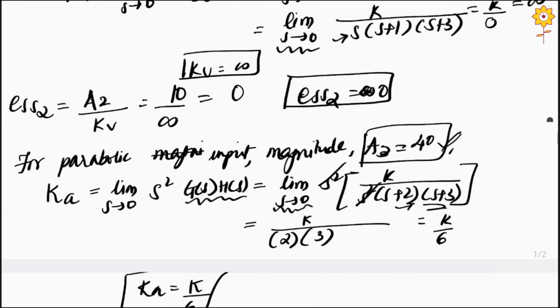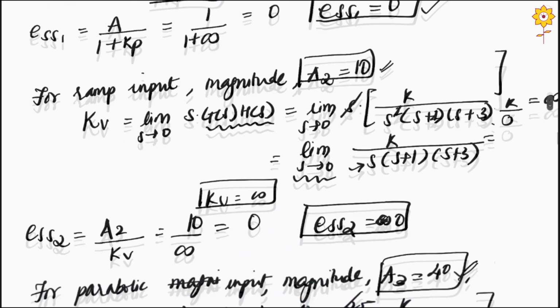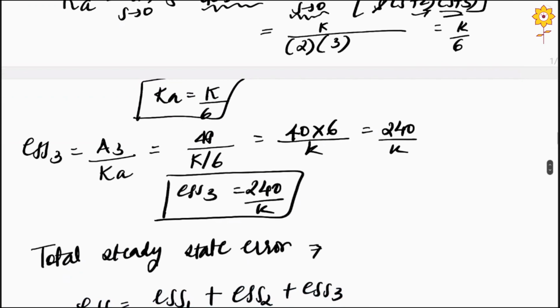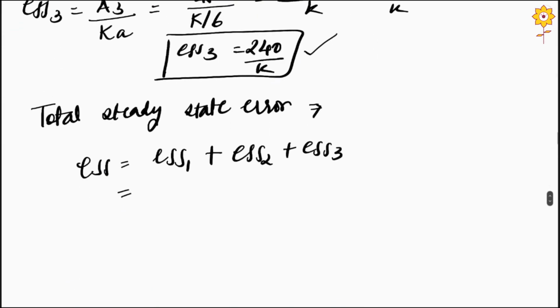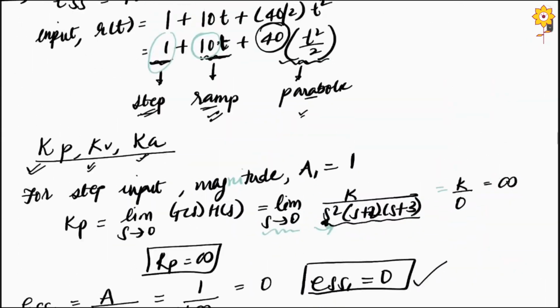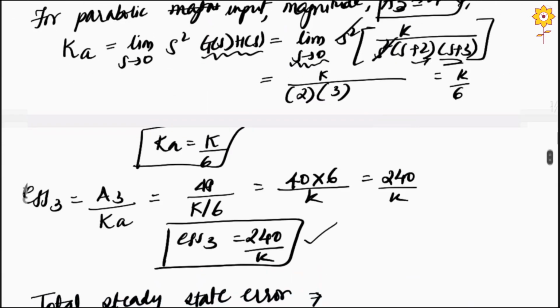ESS1 is 0, ESS2 is 0 and ESS3 is 240 by k. So, 0 plus 0 plus 240 by k. We also know the value of ESS, it was given to us in the question itself. It was 10, right. So, let us substitute the value as 10.